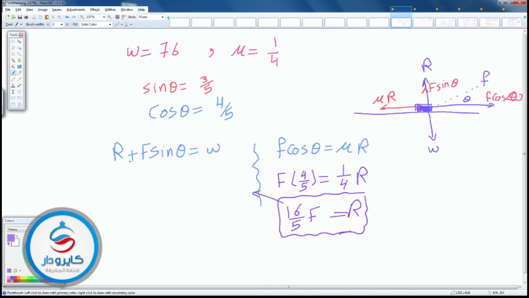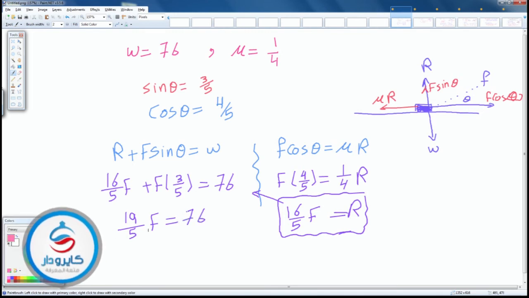We can use it here. R equals 16/5 F plus F sine theta, which is 3/5, equals W, which is 76 newtons. So 16 plus 3 is 19/5 F equals 76.